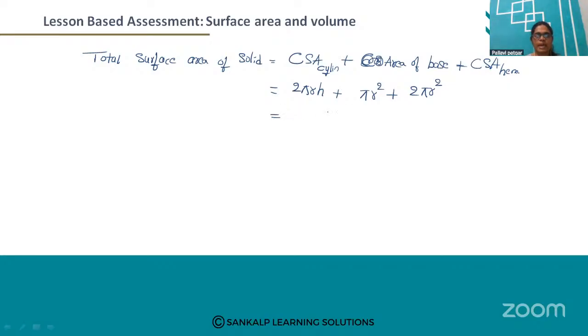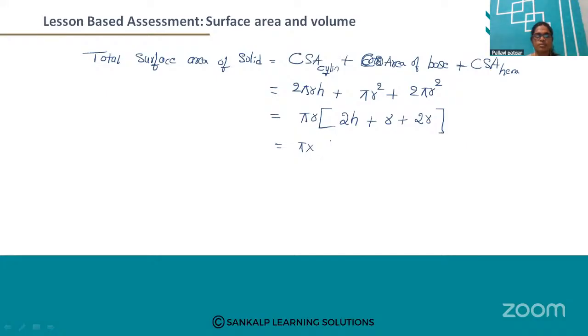So pi r is common in all the terms. In brackets, 2h, the height of the cylinder, plus r plus 2r. So equal to pi into r, the radius.